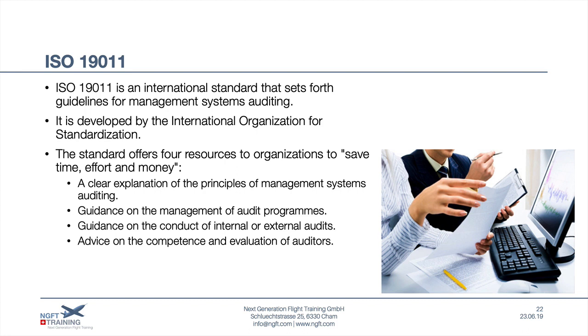Basically, it's a clear explanation of the principles of management system auditing. It offers guidance on the management of programs. It gives you guidance on the conduct of internal or external audits, and it gives advice on the competence and evaluation of auditors. Our audit tool covers the first 2 points, and also it gives highlights on the third.